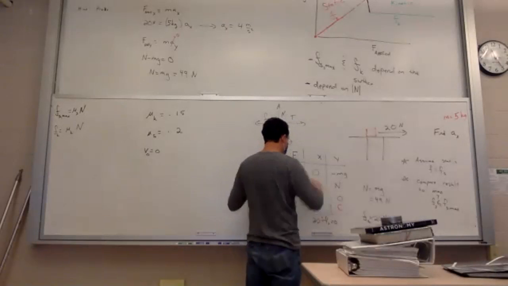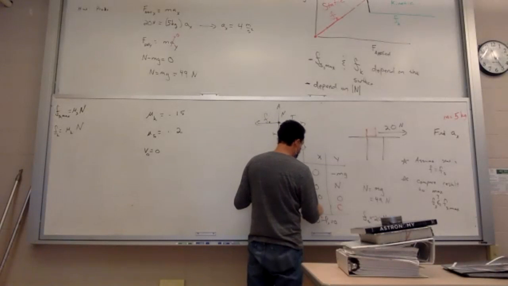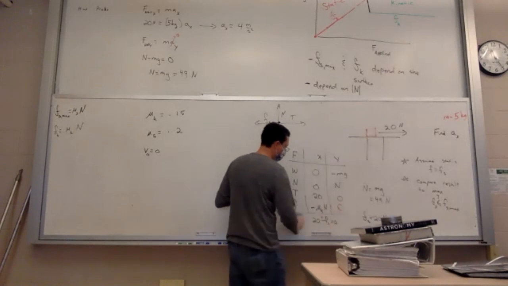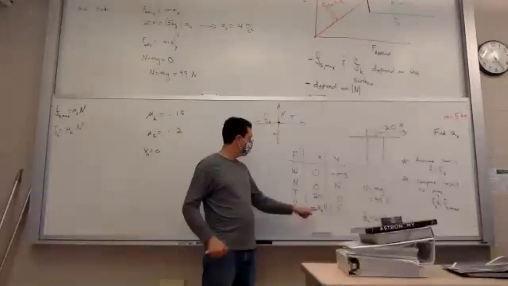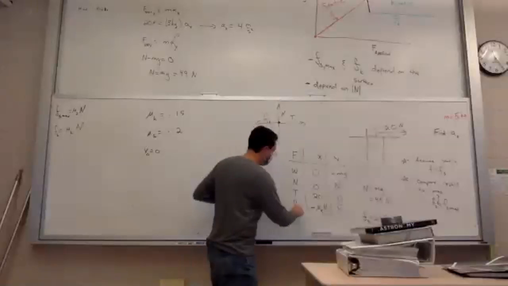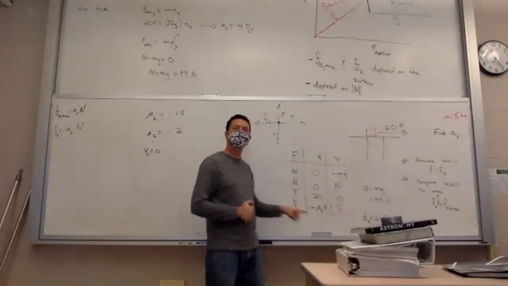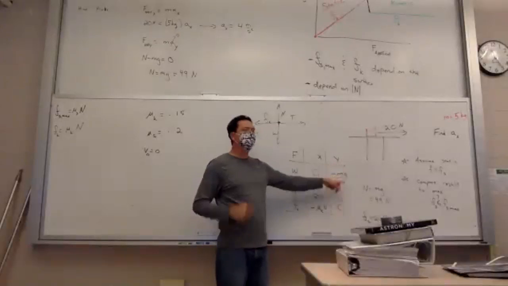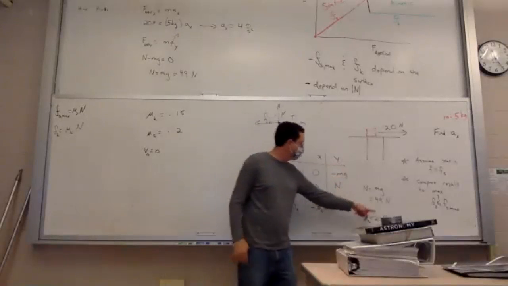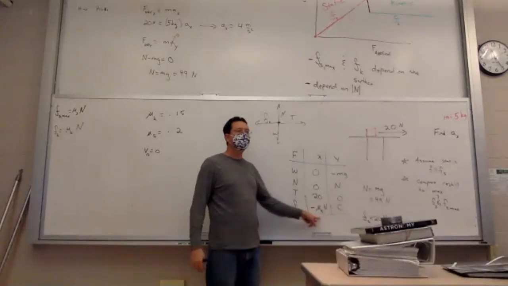So the formula, well, it's going to be minus because it was to the left. And it was mu k times the normal force. Okay. Right? Because it's kinetic friction. We know mu k. Nothing changes on the y component, so we know the normal force is still 49. So we can work this out.